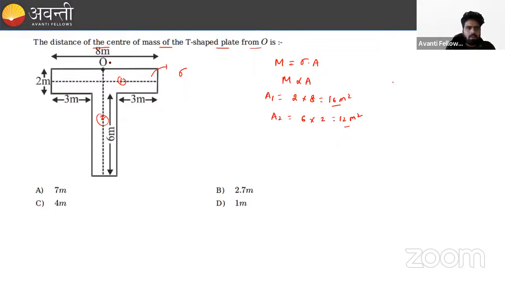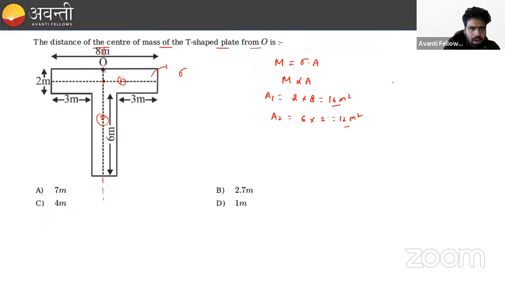And if we consider O at the origin, then by symmetry, what is the center of mass of the upper rectangular portion? We can say at the geometrical center. We know that the center of mass lies for a symmetric body at its geometrical center, the point about which the body is symmetric. By observing this diagram, one thing is very clear here, that the center of mass lies on the vertical axis, that is the y-axis.